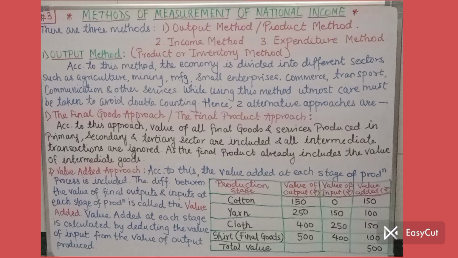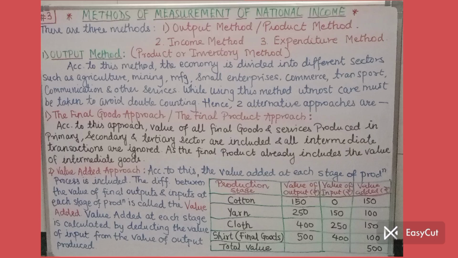Intermediate means, as I told you, all the ongoing production process transactions, they are simply ignored, and here we are adding up only the final product, because see, in the final product already the value of raw material is included. This is but natural, and hence we will directly add up only the value of final product.